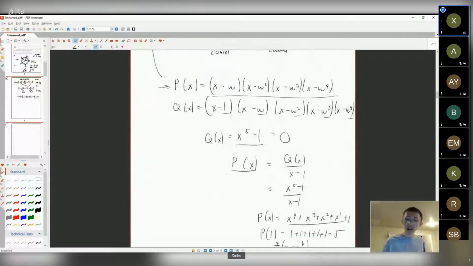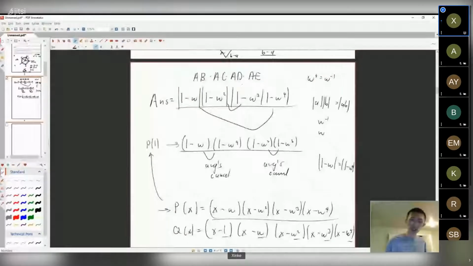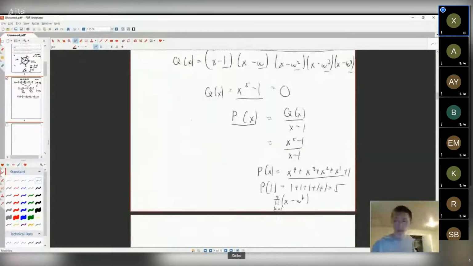And that was the same as this expression with the magnitudes, because these arguments canceled out and the magnitudes multiply. So the answer is just 5. And this generalizes to any number. It's not just true for pentagons.